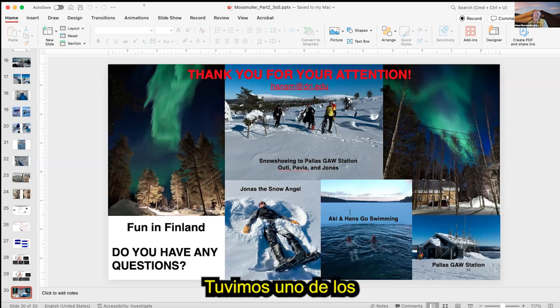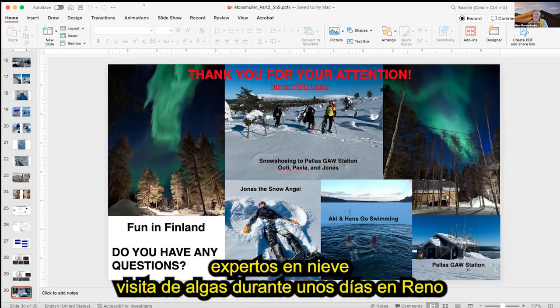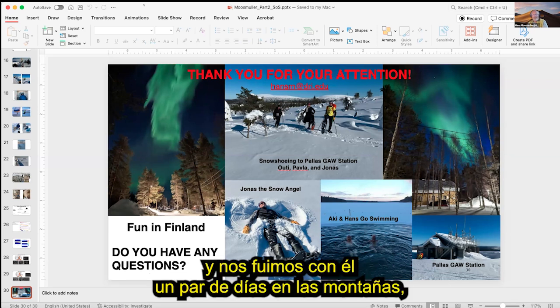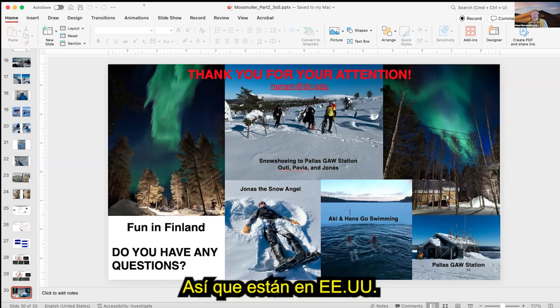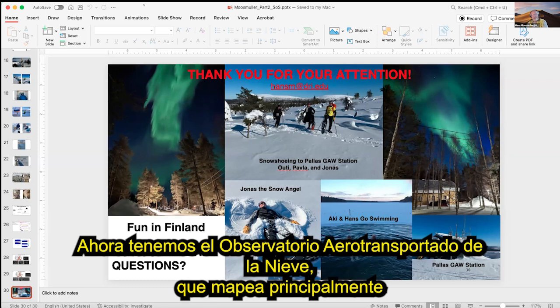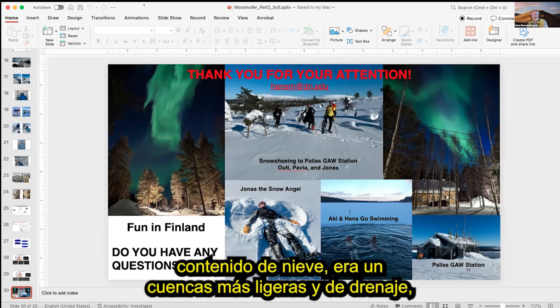We had one of the world experts in snow algae visit for a few days in Reno, and we went with him a couple of days in the mountains, and he showed me a lot of things I'd never realized or seen.